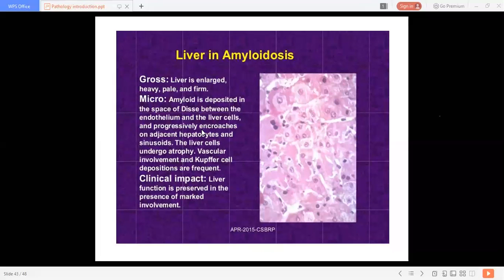There is vascular involvement, and the Kupffer cell deposits become frequent. The clinical impact of this deposition: the liver function is preserved in the presence of marked involvement. Whenever this amyloid gets deposited in the liver, it gives rise to hepatomegaly.